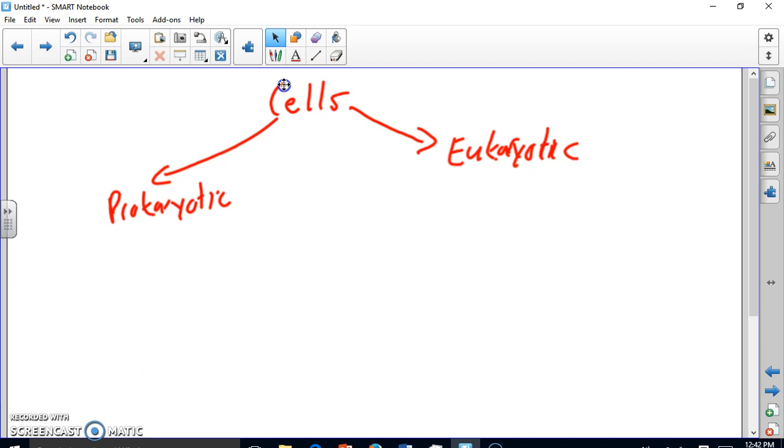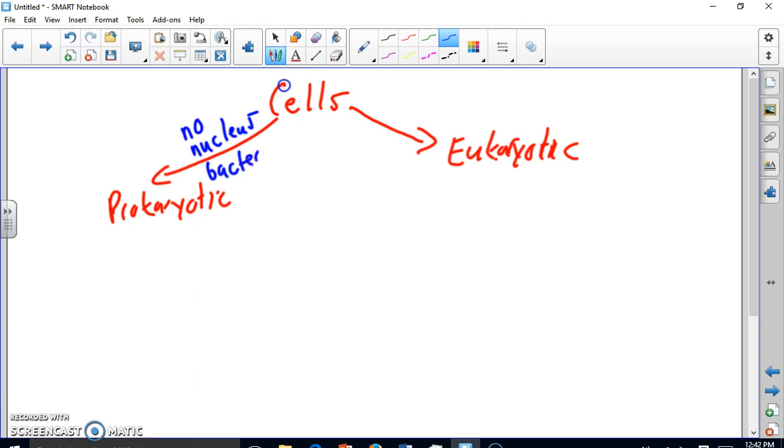So, no matter what, cells that are prokaryotic have no nucleus. If a cell is prokaryotic, it has no nucleus. These are also cells of bacteria. Other things prokaryotic cells have are ribosomes.